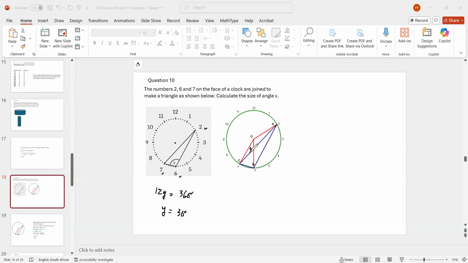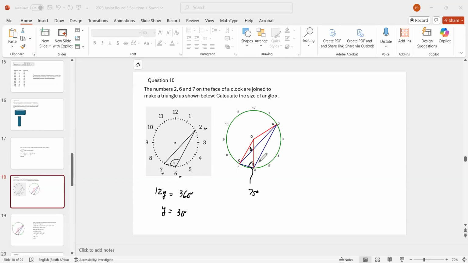So this is 30, so the remaining 2 angles, that angle and that angle, will add up to 150 degrees. They're both equal, so that angle is 75 degrees. From the red line to the baseline, that angle is 75 degrees.